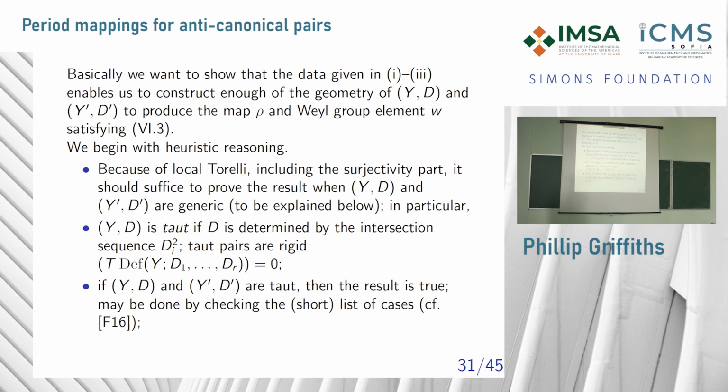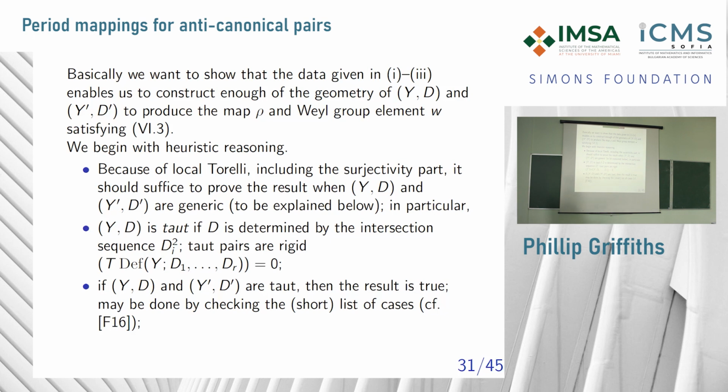So because of the local Torelli, you have a mapping between the moduli space and the period space. They're locally isomorphic. So if you can prove that generically they're one-to-one, that means you take out a bunch of subvarieties where exceptional things happen, and if they're one-to-one on what's left, then they're globally one-to-one.